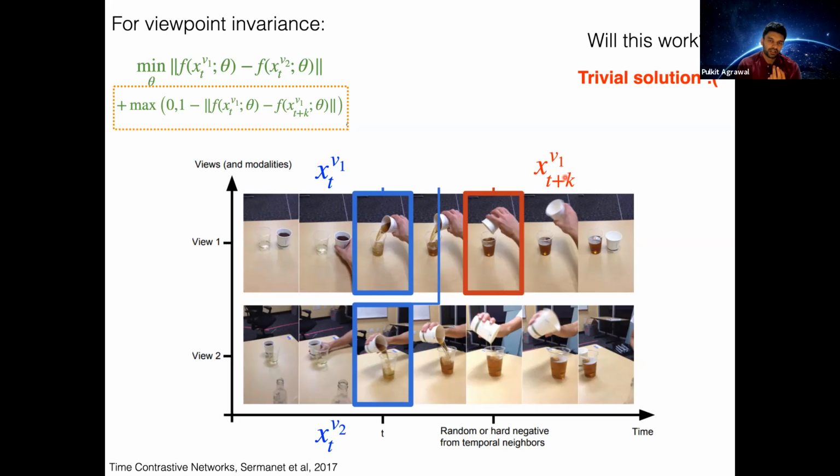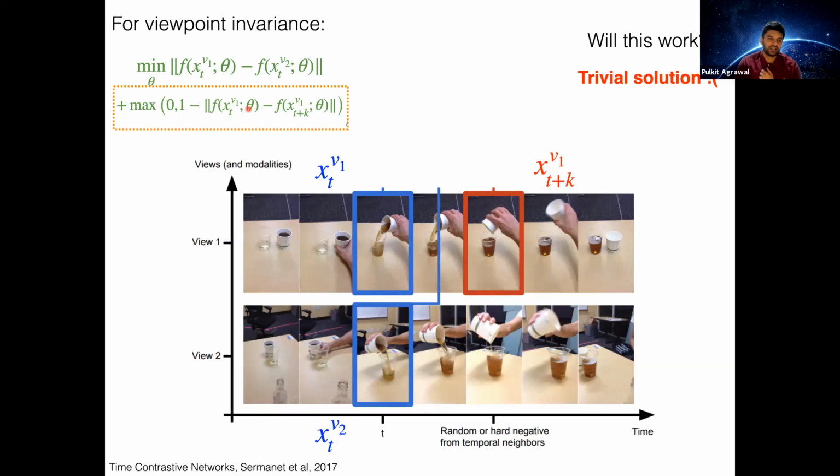So now I want to separate out the representation of images which occur far away in time, and the second term that you see in the orange box is trying to impose that constraint.